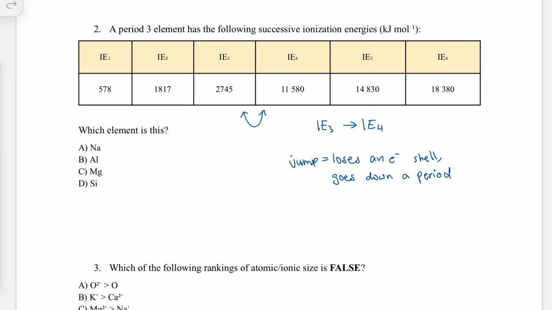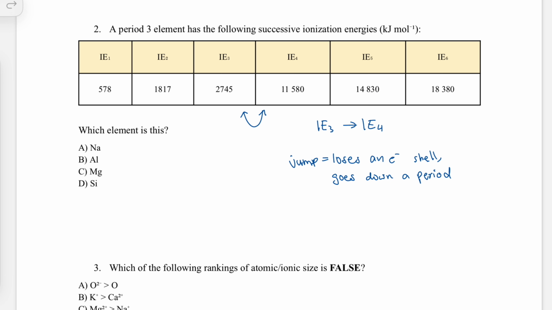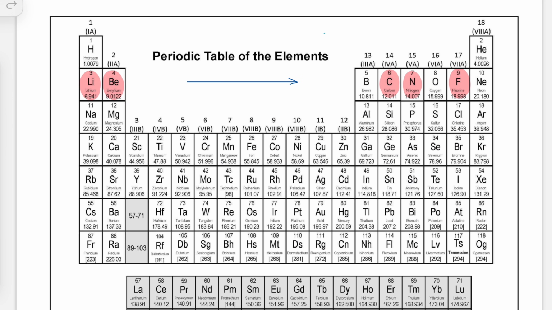Because it's between the third and the fourth, we can go back to our periodic table. This fourth ionization energy means that it's at the noble gas. So it's fourth, and it's a period 3 element. If it's a period 3 element, then the next noble gas from losing electrons will be neon.